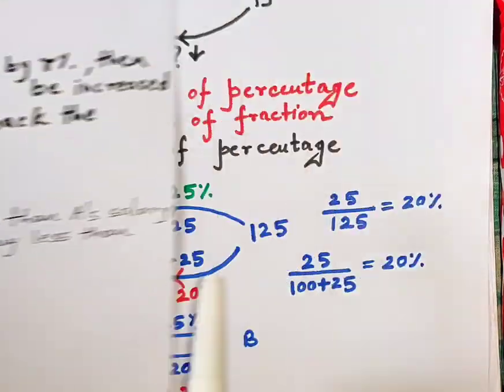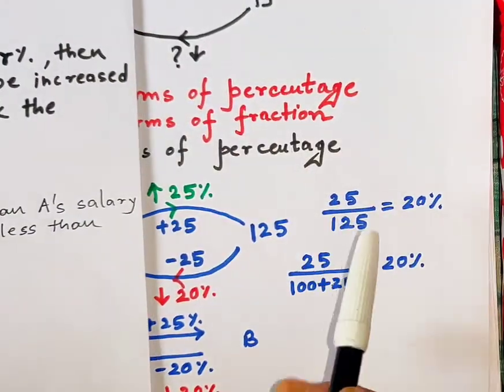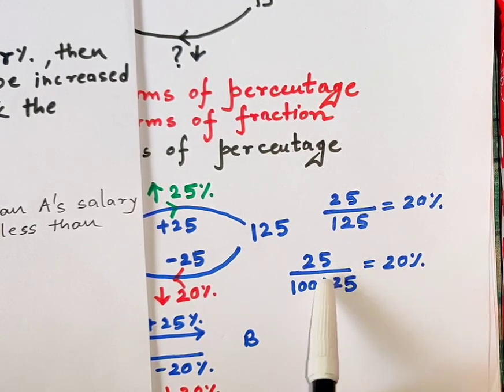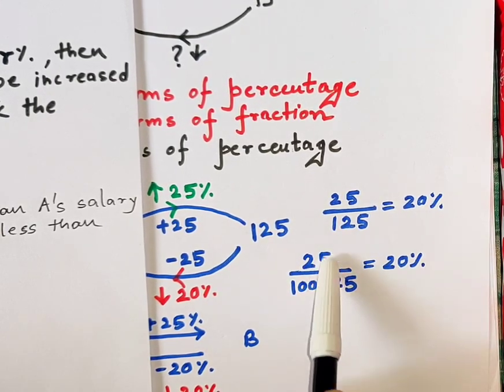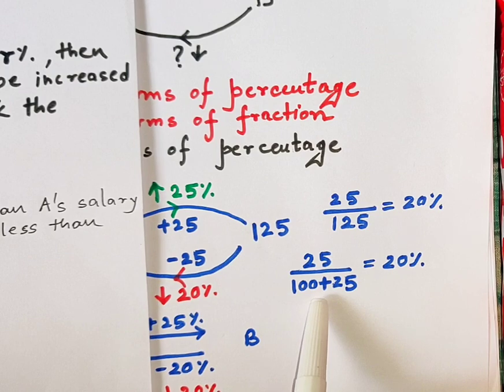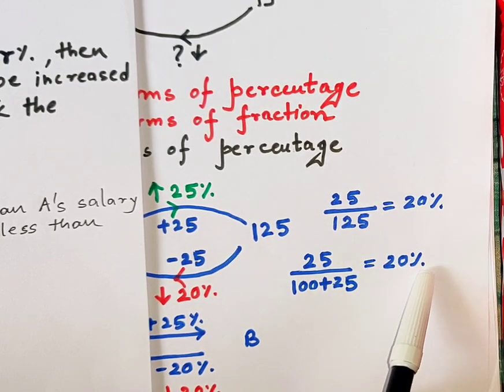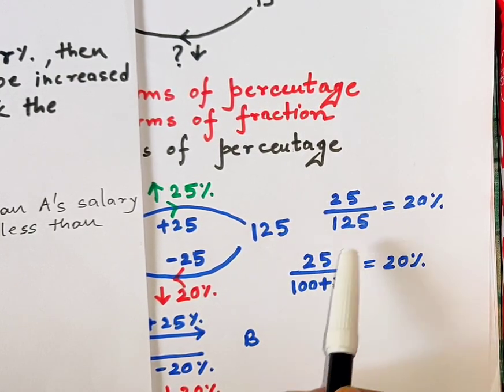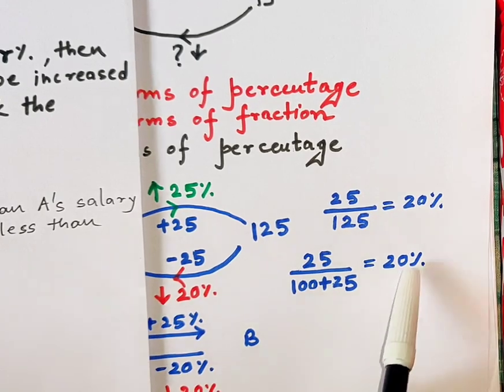What we did here: 25 by 100 plus 25 into 100 to get this 20%, because this comes to 1 by 5, and 1 by 5 into 100 is 20%.